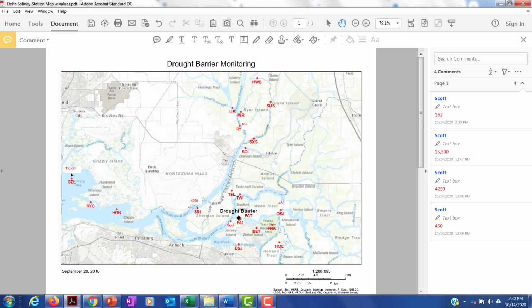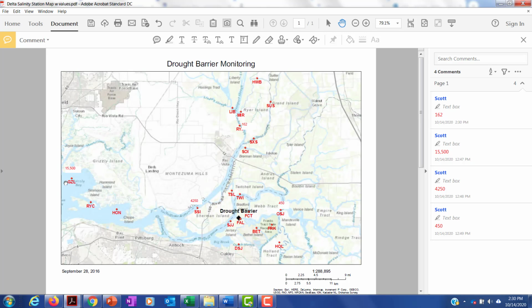It's 15,000. So you can see that as you go further west toward the Pacific Ocean, the conductivity increases up to 15,000 here. When you go way inland, it goes down to the hundreds. I plotted this one here, SSI, is 4,000. So you can just see as you go out to sea, the water gets saltier and saltier, no surprise. But we're going to dig into that a little bit more.